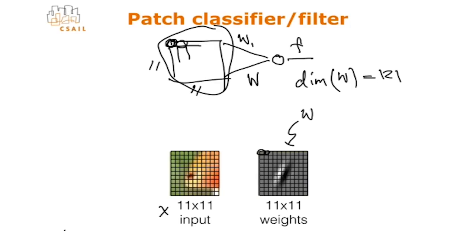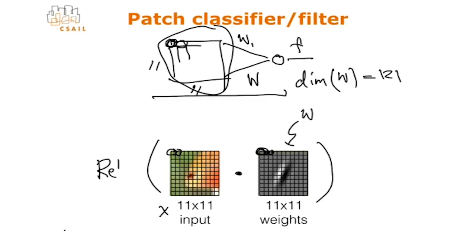So how this unit here would operate is that we take an inner product between these two matrices. That just means that we vectorize the matrices and take a normal inner product. Or alternatively, you can think of it as taking each pixel, multiplying with the corresponding weight pixel at a time, and adding them up. We get one real number.